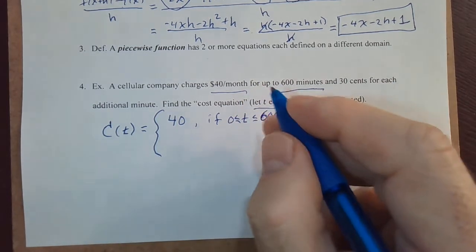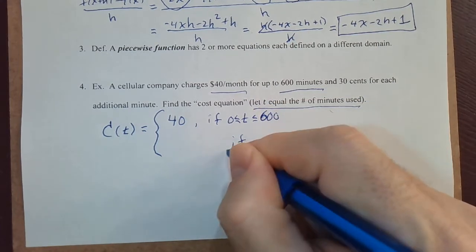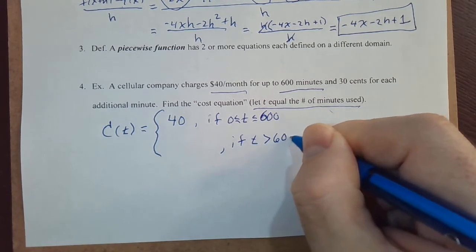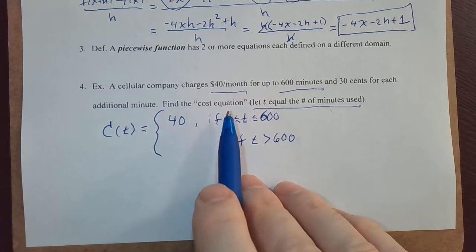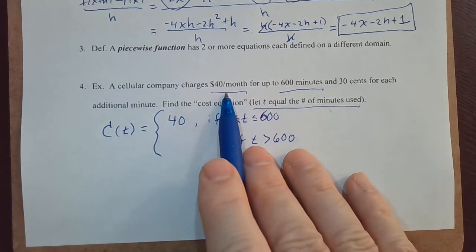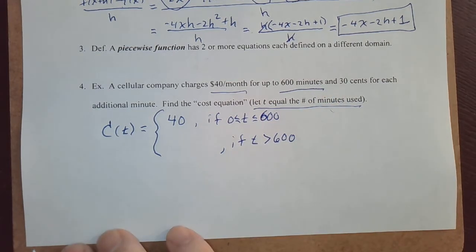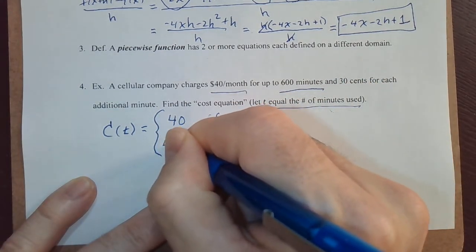All right, so what is it going to be if t is greater than 600? What do we put here? Now, some of you might be tempted to just say, well, 40 plus 0.30 times t. Well, that's not quite right. So we do need the 40 for sure.